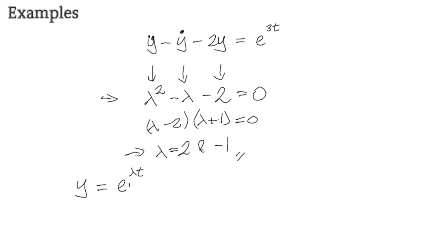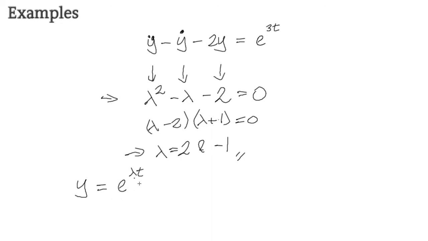So it's the lambda times the variable. Sometimes it's x if it's dy by dx. So if d2y by dx squared take dy by dx take 2y equals e to the 3x, then you use x in place of t.